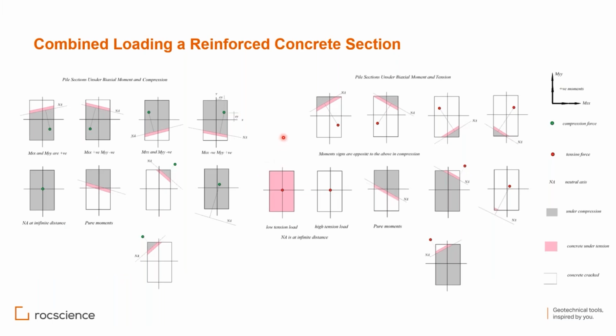Let's see what is the situation in a combined loading of a reinforced concrete section. You will find here the gray part is under compression. The pink area is concrete under tension, while the white part is cracked concrete, which does not participate in the strength of the section.